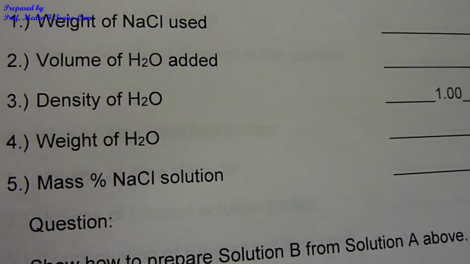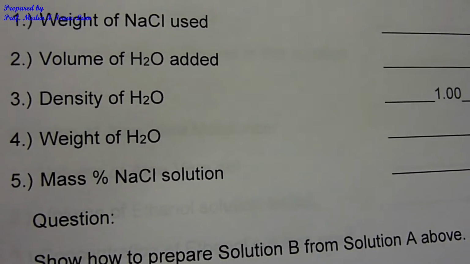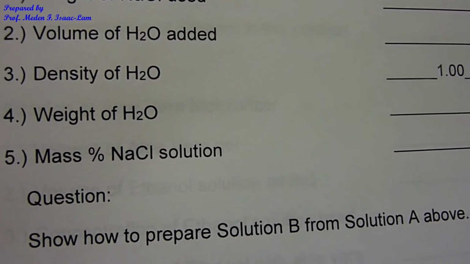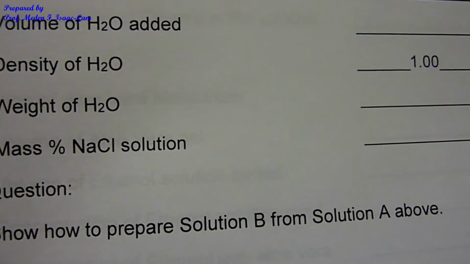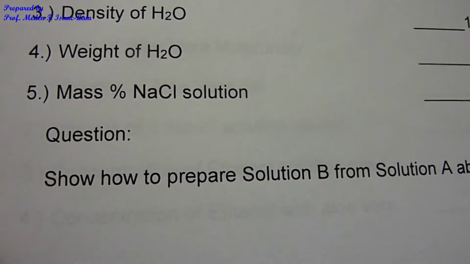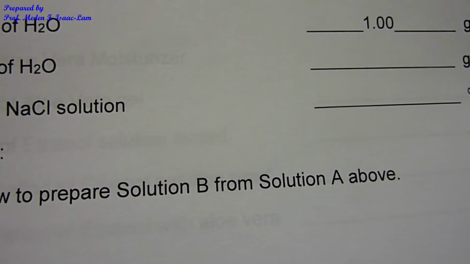And then you are now going to determine the weight of water used based on the density and the volume. And then determine the mass percent of NaCl solution in the sample. And then answer the question, please, by showing how to prepare solution B from solution A.